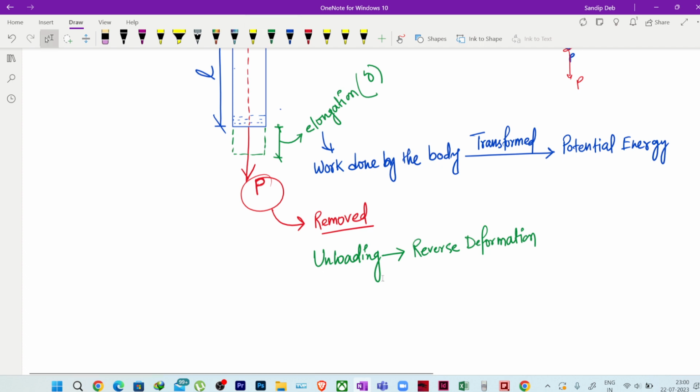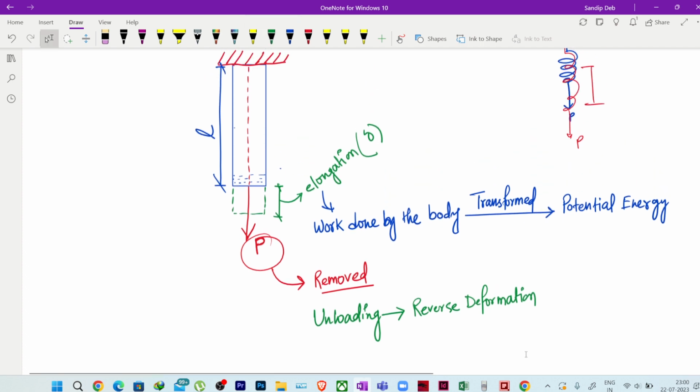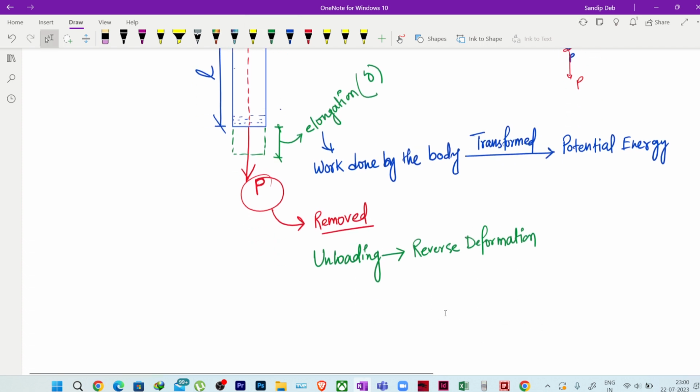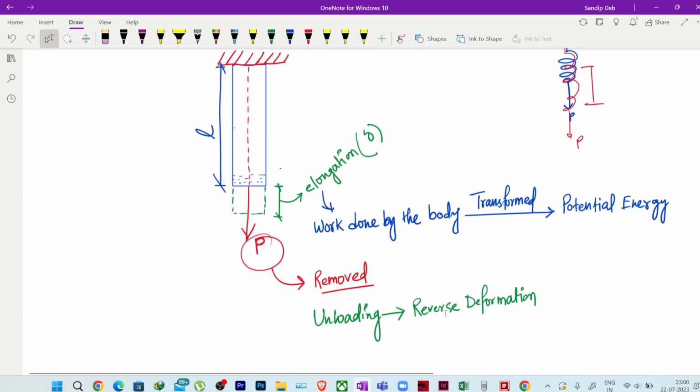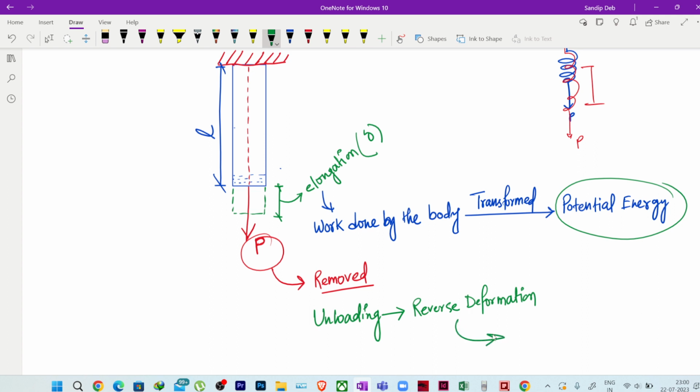So this reverse deformation, why is it happening actually? Because the potential energy that was stored due to the elongation of the body, due to the work done, after unloading, this potential energy will again transform to a reverse force. Why will this reverse deformation happen?